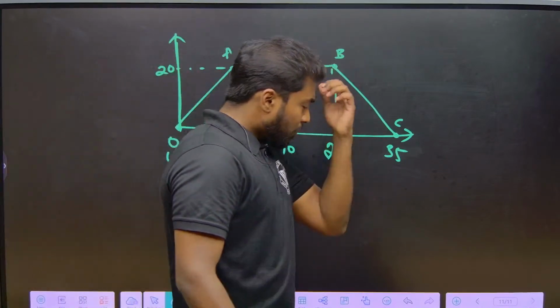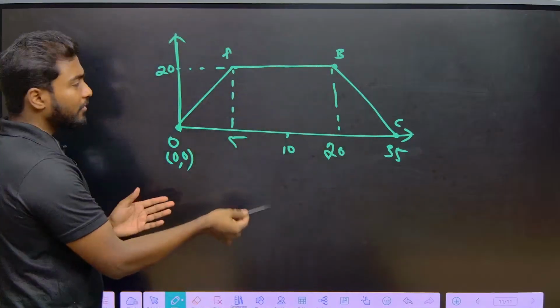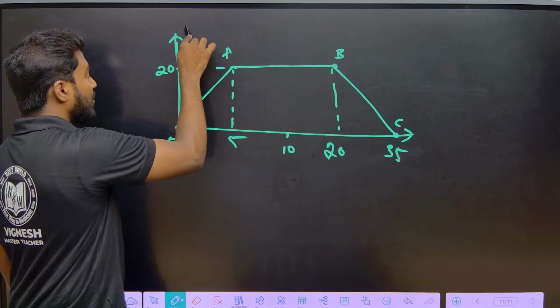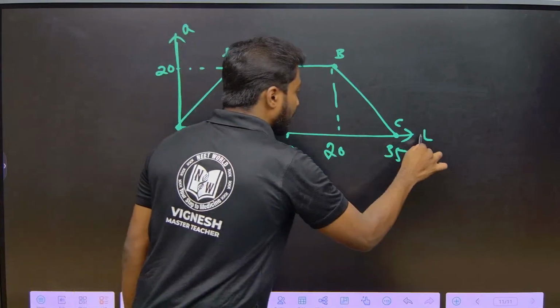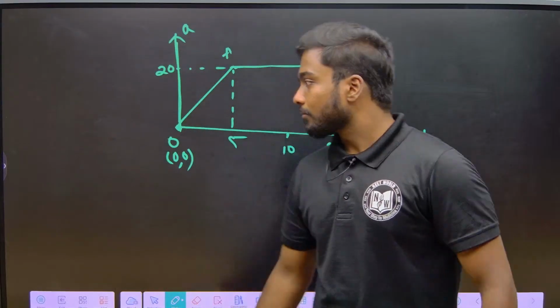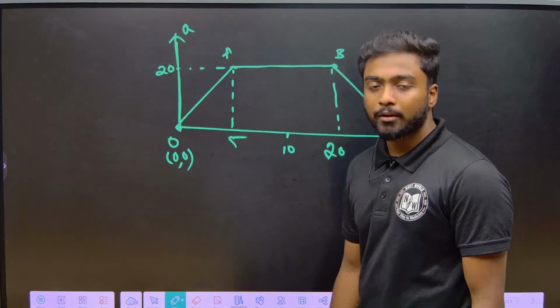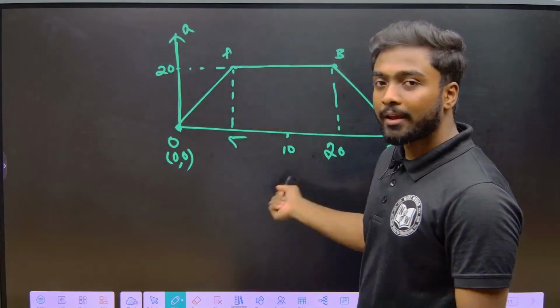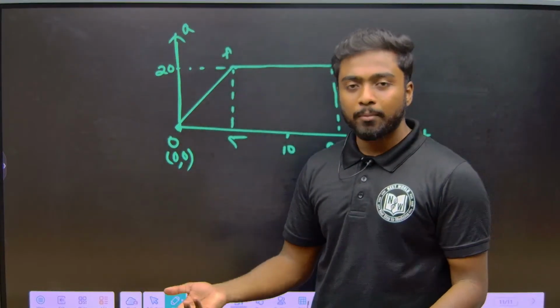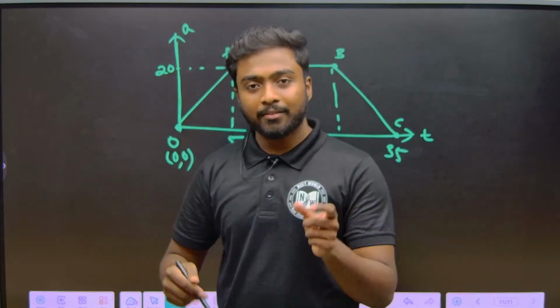Okay. Now the graph, what are the x axis and y axis, sir? You didn't mention that. Yeah, I will mention it. A versus T. So for the area under the graph, what will you get? You will get velocity, no? Acceleration versus time. Acceleration into time, velocity by time into time, time will get cancelled, velocity I will get.